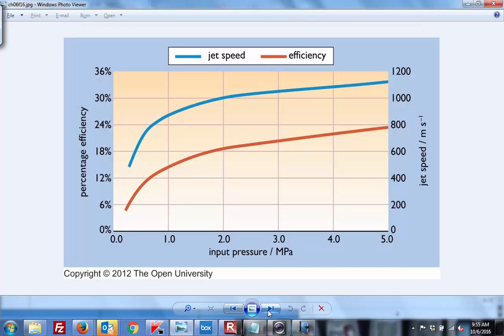All right. Okay. So now let's look at this. This is an actual jet engine. In a jet engine, you have combustion gases going into the engine. You've got atmospheric oxygen coming in, and you have some kind of hydrocarbon going in.